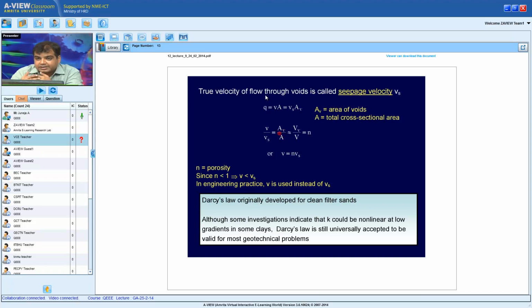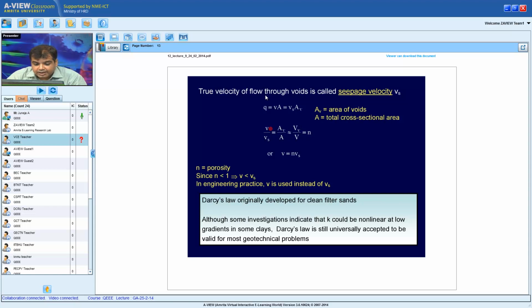If I multiply by the 1 unit length which comes out and hits you, the area of voids gives the volume of voids. Similarly, the total area times unit length gives the total volume. If you recall your first lecture, the volume of voids to the total volume is the porosity.